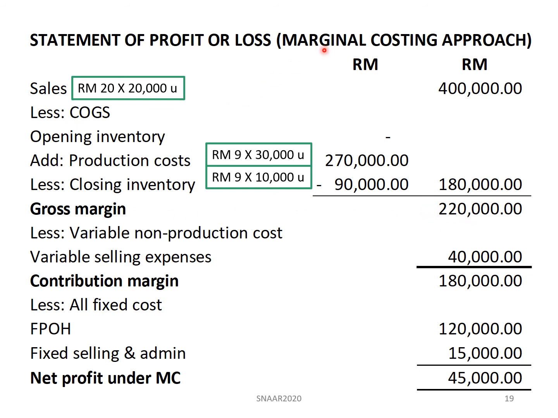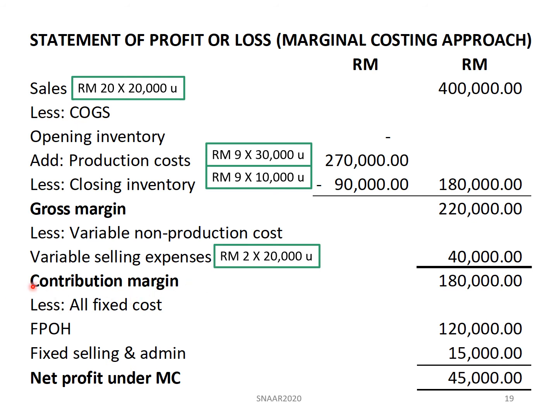And then since this is marginal costing, you kena tolak dulu semua variable cost. So you tolak lah variable non-production cost, which is the variable selling expenses of 40,000. How do you get this figure? Is 2 ringgit darab dengan berapa unit sold. So dapat 40. And then you will get your contribution margin.